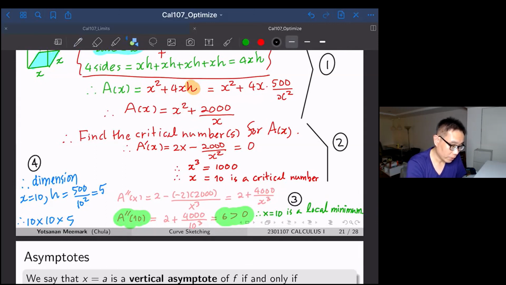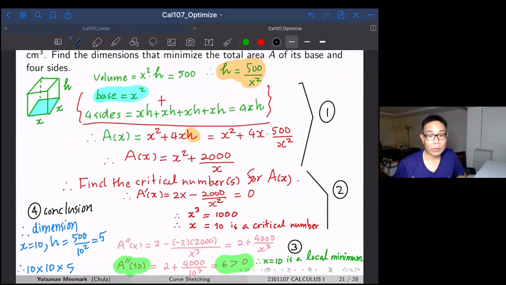So this one is gonna consist of 4 steps. The first step will be you construct the function A. The second step will be you find the critical number, and the third step will be testing the critical number.